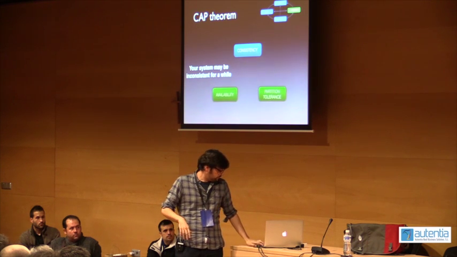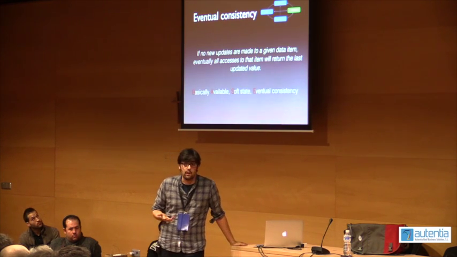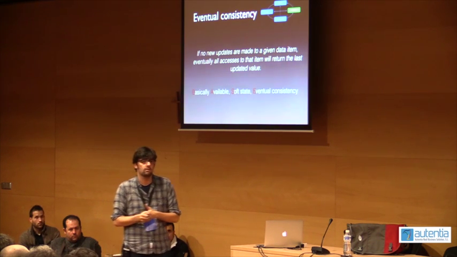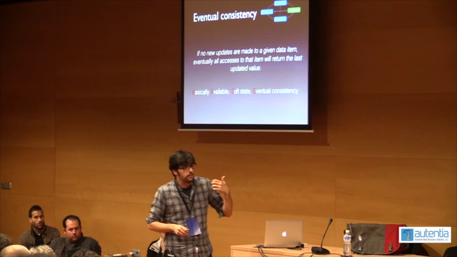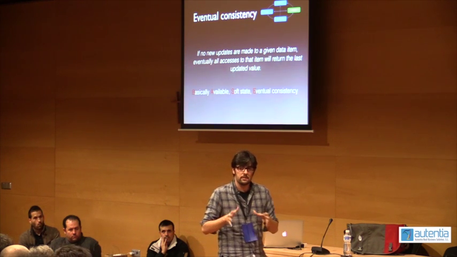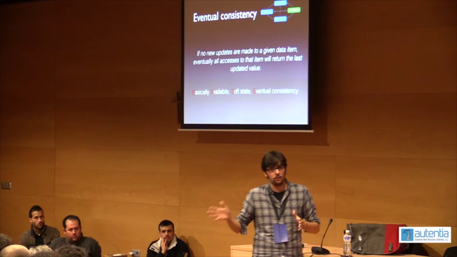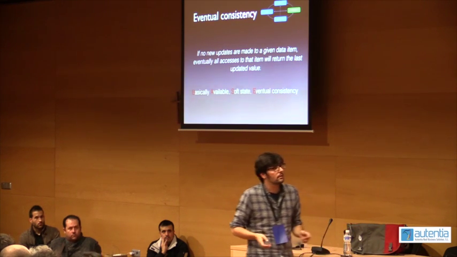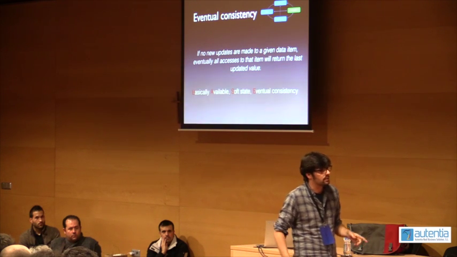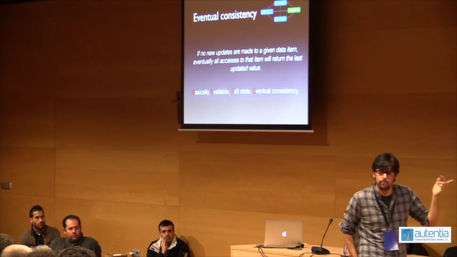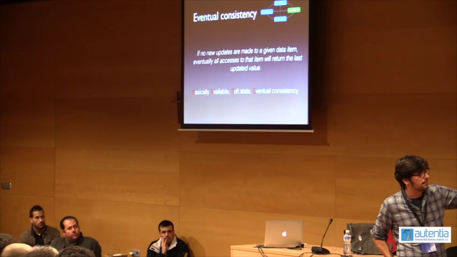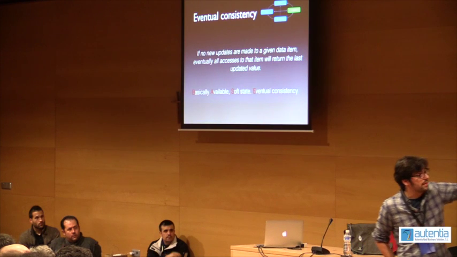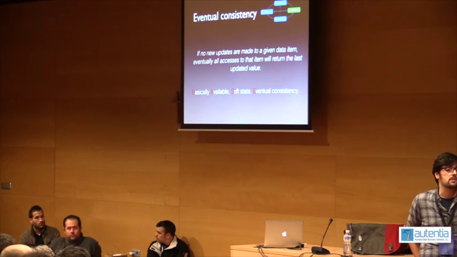So, in general, what most people try to approach is something called eventual consistency. That is, if there's no new update to some specific value, after some period of time, you will get the last updated value. There's an acronym that was published in a paper 2 years ago by the guy that coined the term CAP theorem, Brewer, called BASE, which is basically a very loose state of eventual consistency.